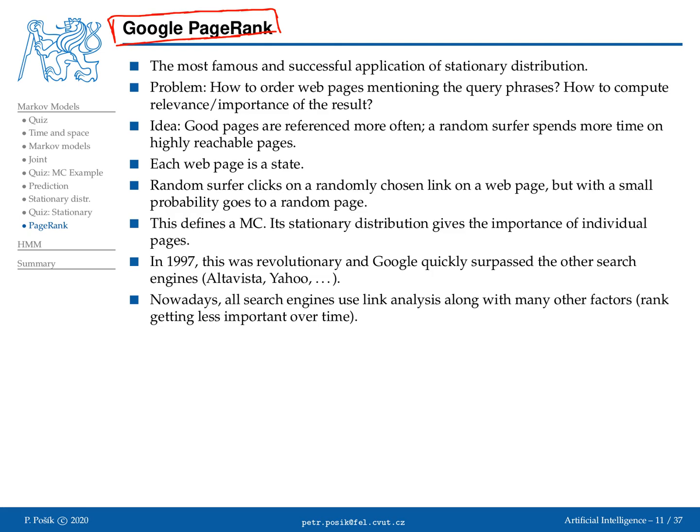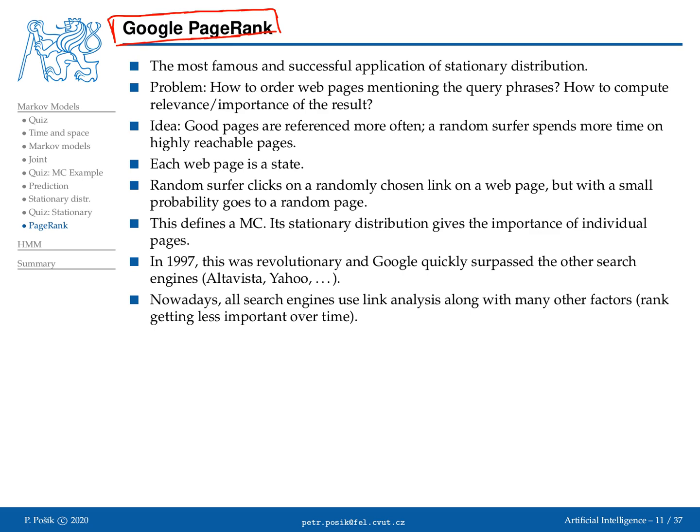The problem of finding relevant results for your query is relatively easy to solve, but the problem of presenting the results to the user is something quite different, and that is solved by Google PageRank.